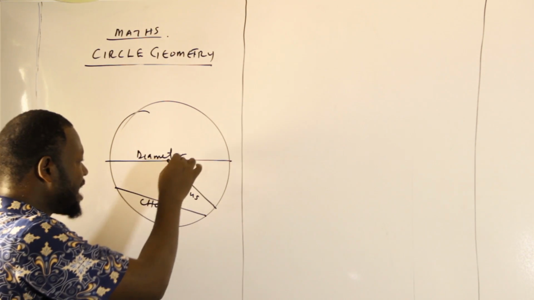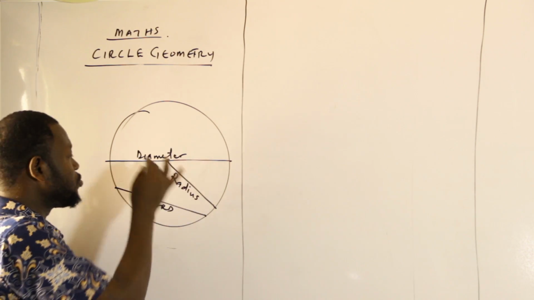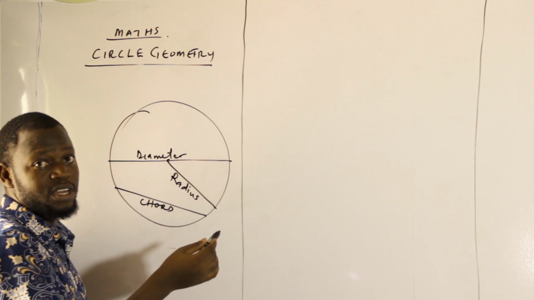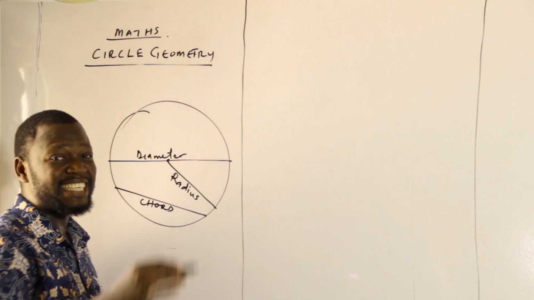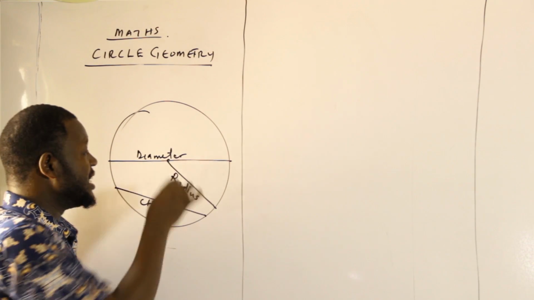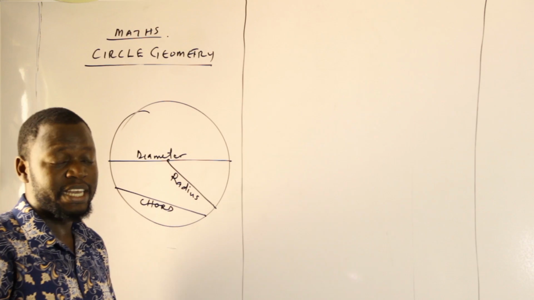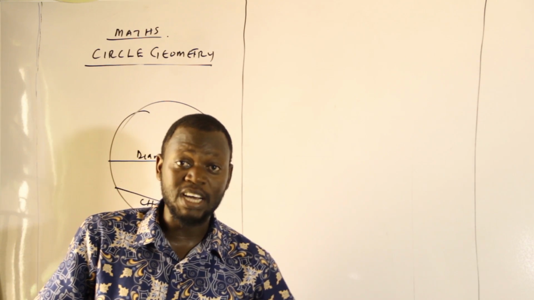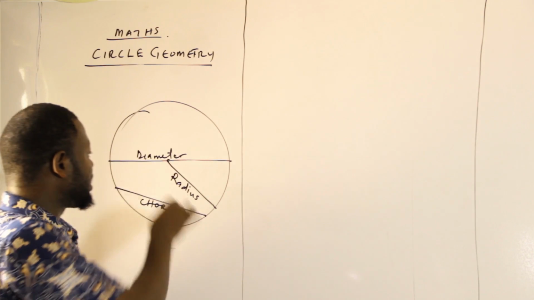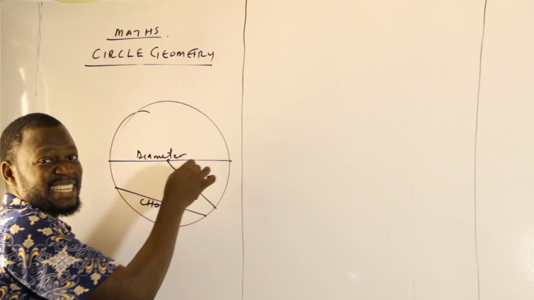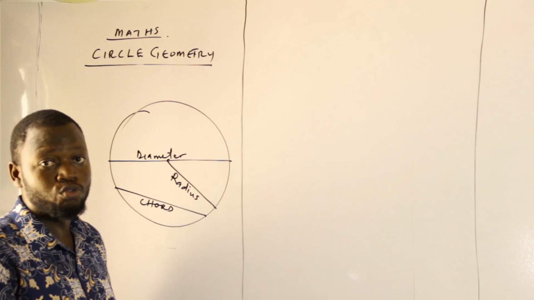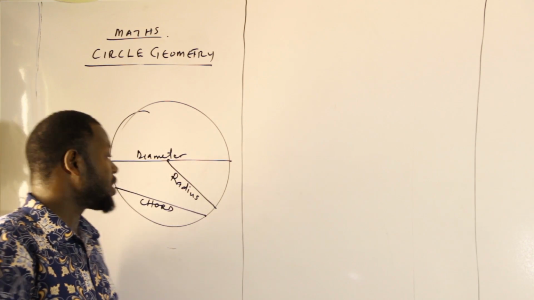The diameter is a special kind of chord because it has a special purpose, like a special assignment, like SARS in the police. This is a chord that is sent on a special assignment to divide a circle into two equal halves. So it is very important we note that.